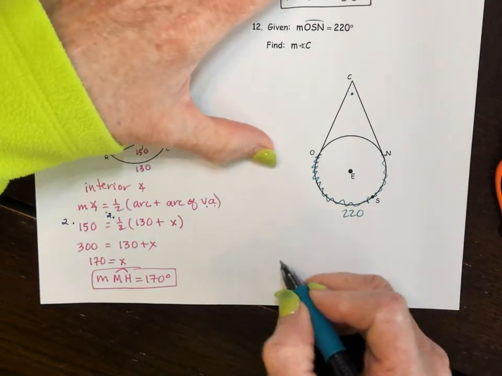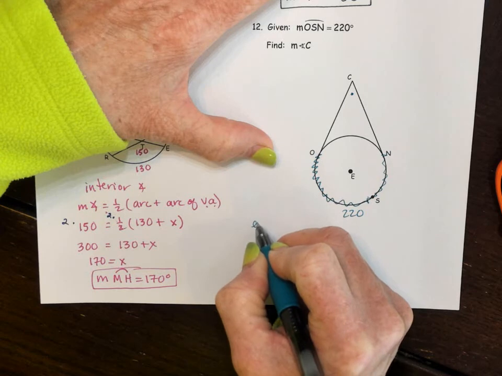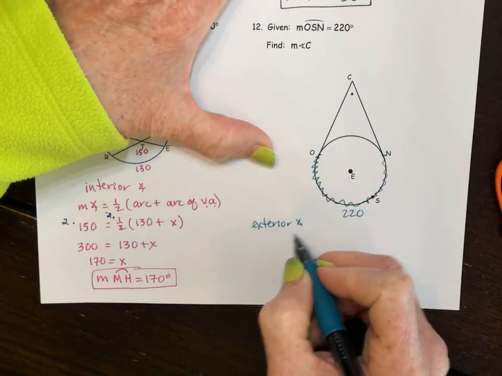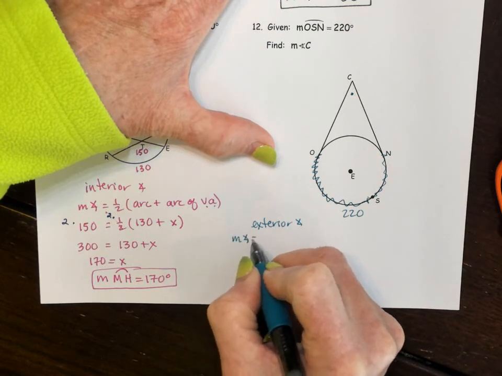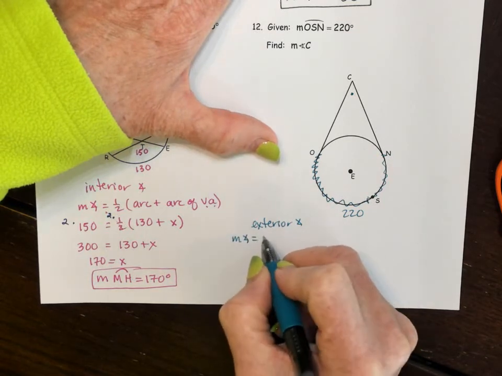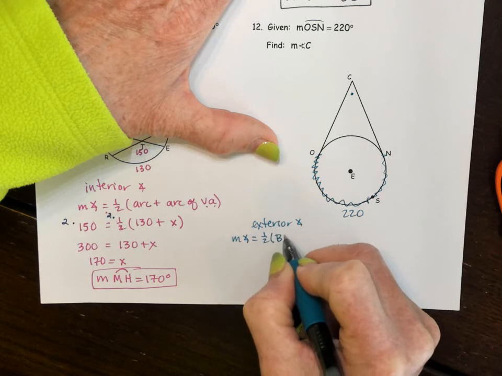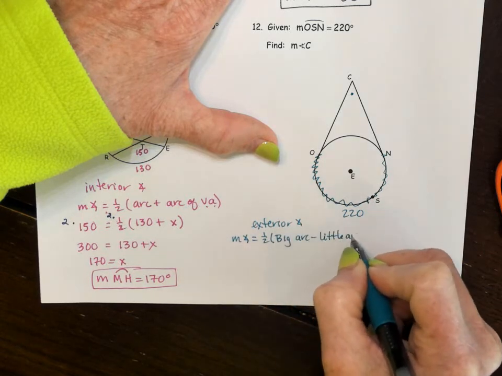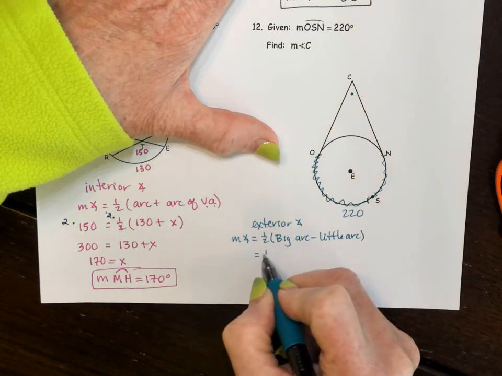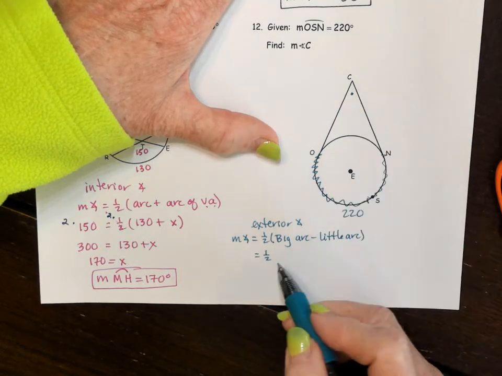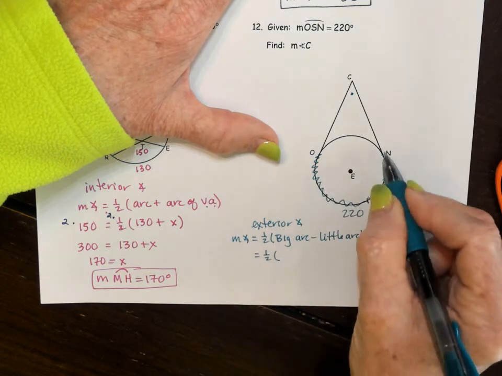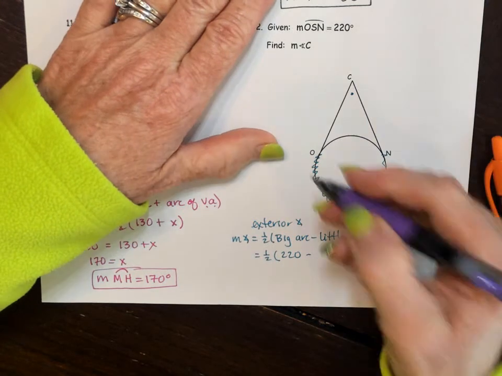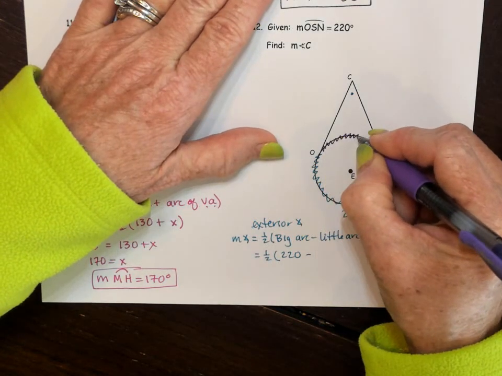First way is to recognize that this is an exterior angle. And the formula for an exterior angle, you remember it? 1/2 big arc minus little arc. And that angle that we're looking for, 1/2 of, well, the big arc very clearly is 220, minus little arc, here's the little arc back here.